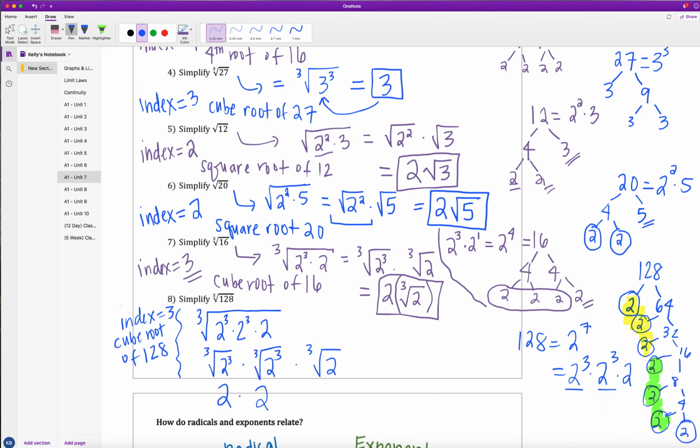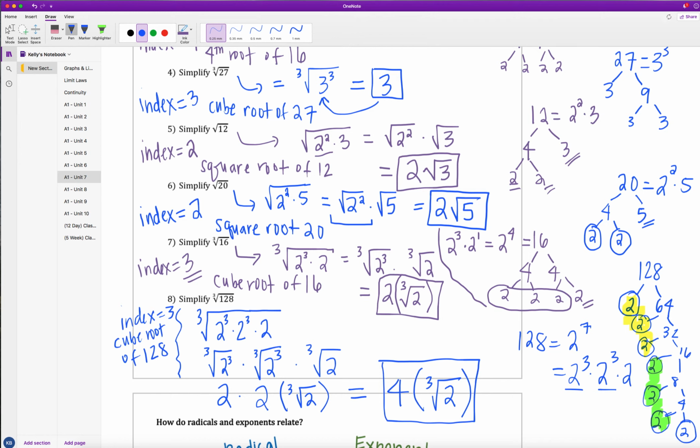And then the cube root of 2 I can't simplify anymore, so I'm going to just multiply it and bring it down. I can simplify this a little bit more since 2 times 2 is 4, and I end up with 4 times the cube root of 2. Again, I am putting parentheses around it just so that it's clear that this 3 is the index and not accidentally looking like an exponent on the 4.